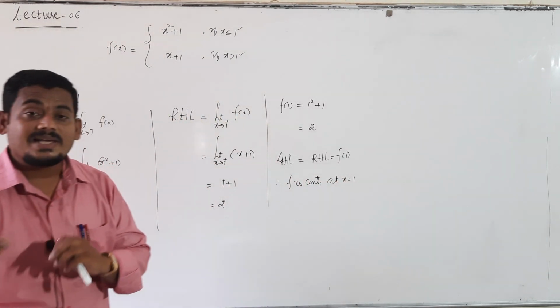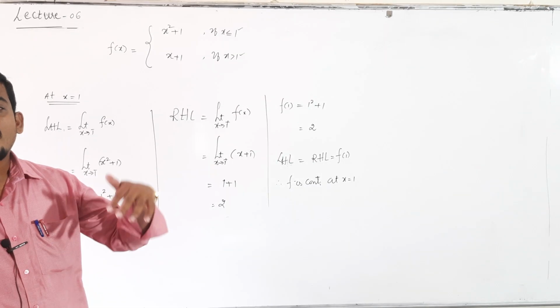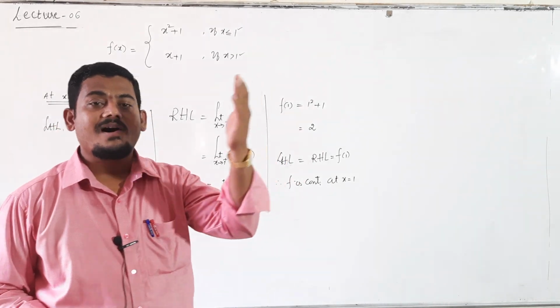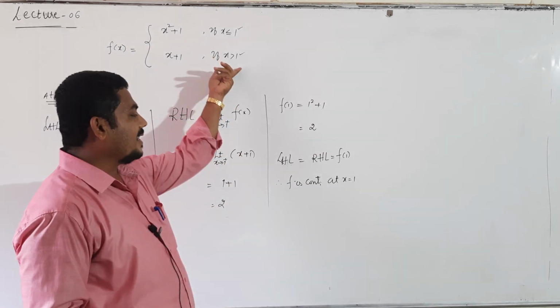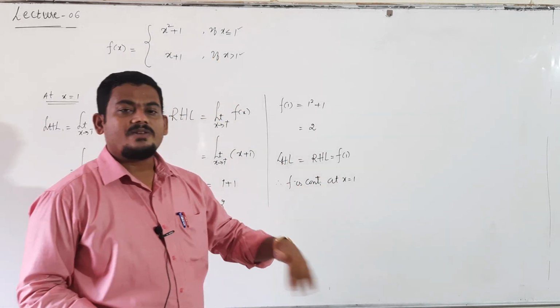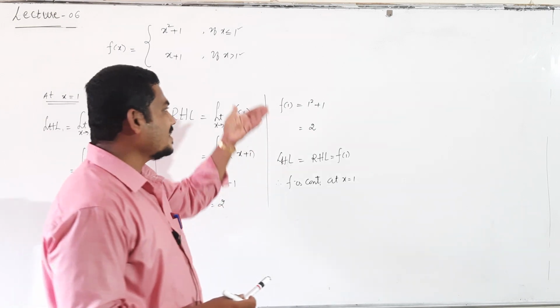But find all the points of discontinuity means we have to check the continuity for all the numbers in its domain. At 1 it is continuous. What about all other points? Just write one sentence.